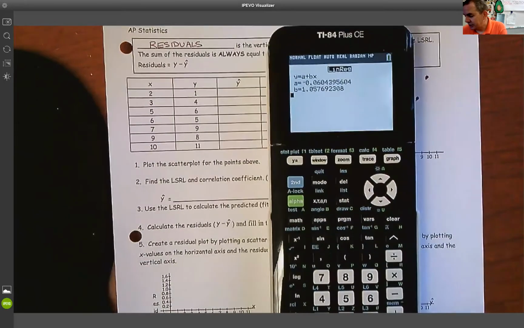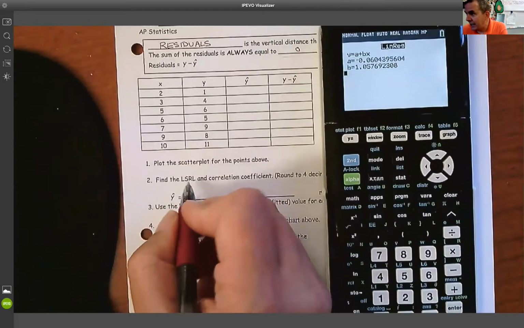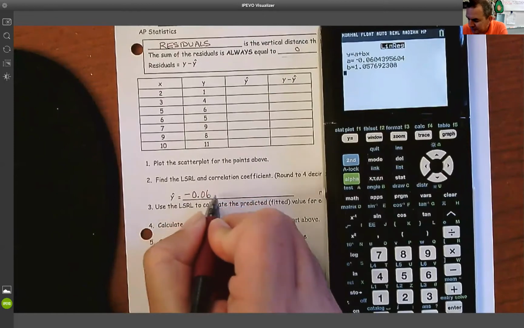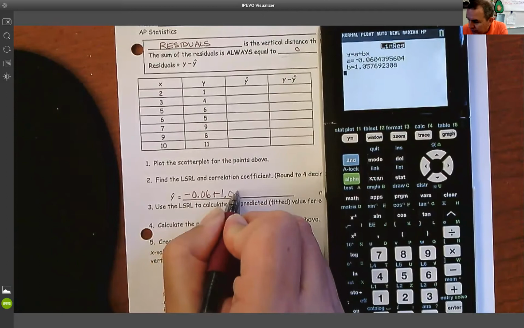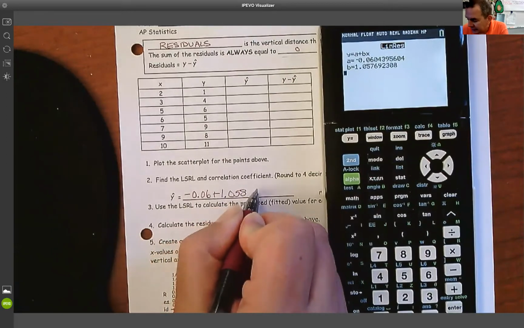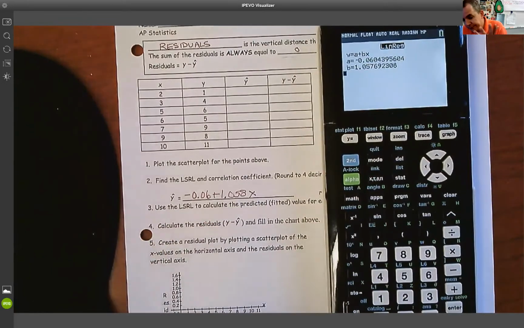It gives me the regression equation: y hat equals a, which is my y-intercept, negative 0.06, plus b, which is my slope, 1.058 x. I would need to define what y and x mean. So that's what it would be.